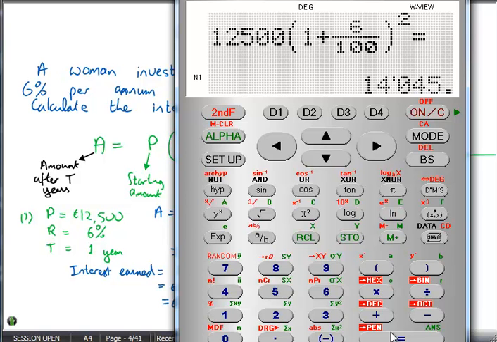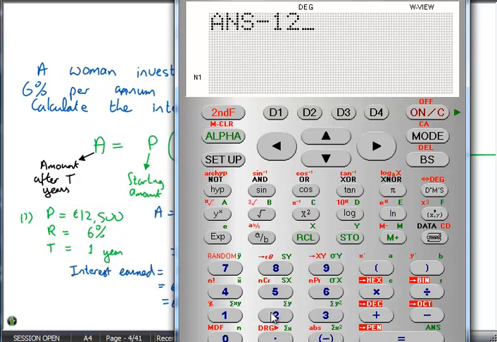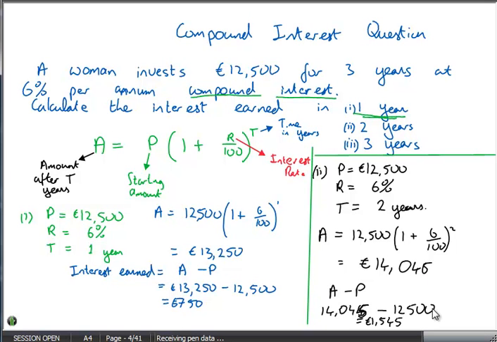So the interest earned again is equal to A minus P, which is the amount, which is 14,045. Take 12,500, so we can do that there. And we get our final answer of €1,545. And we have that answer there written just at the bottom.